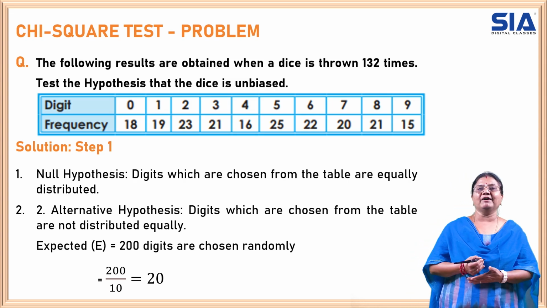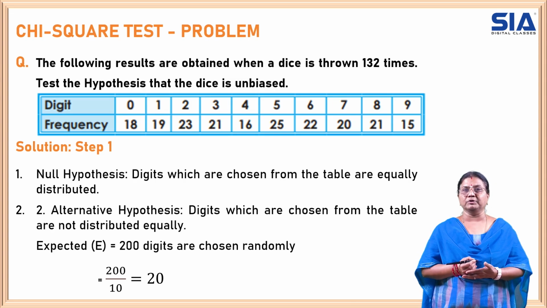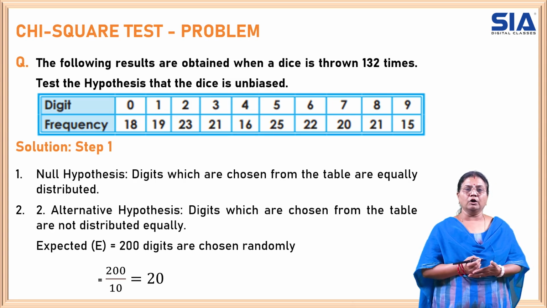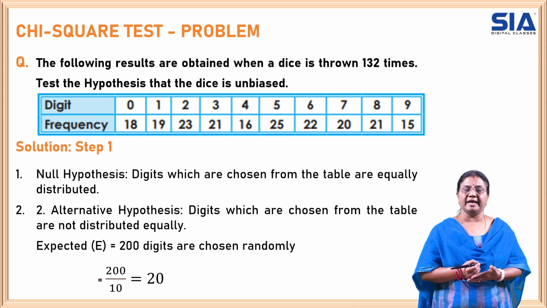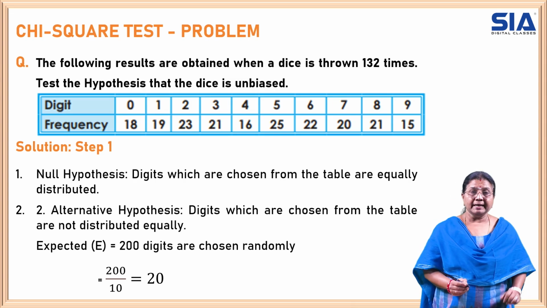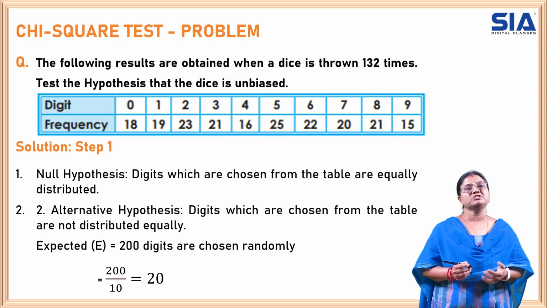First of all, we have to frame the hypothesis, the null hypothesis and the alternative hypothesis, where the null hypothesis we represent as H0 and the alternative hypothesis as HA. So the null hypothesis framed is that digits which are chosen from the table are equally distributed.